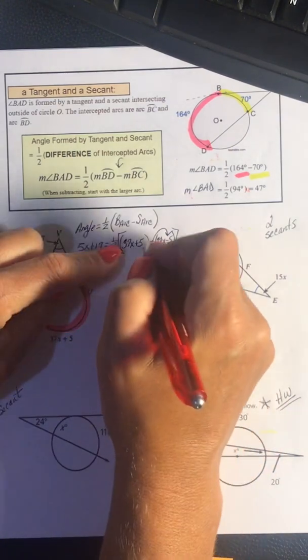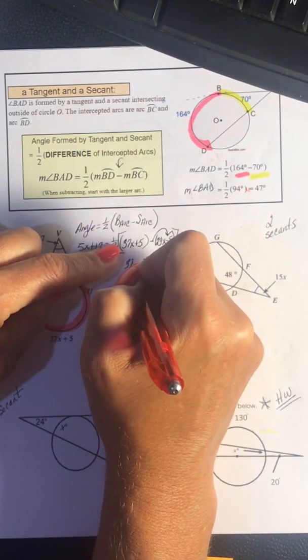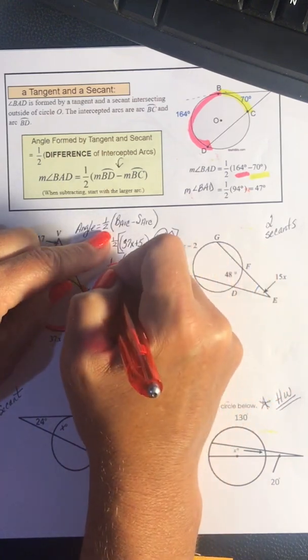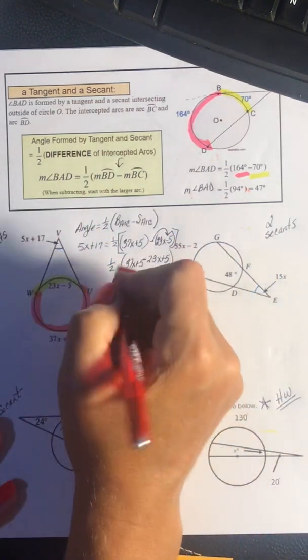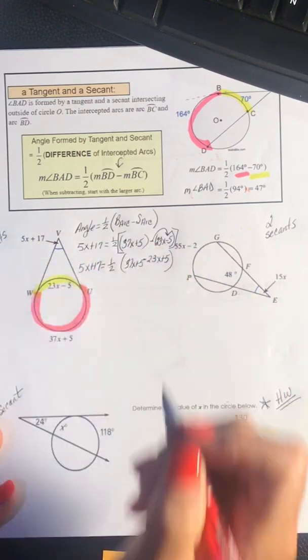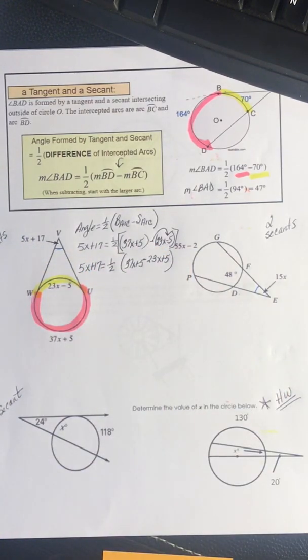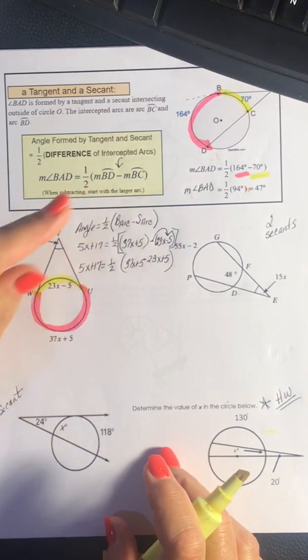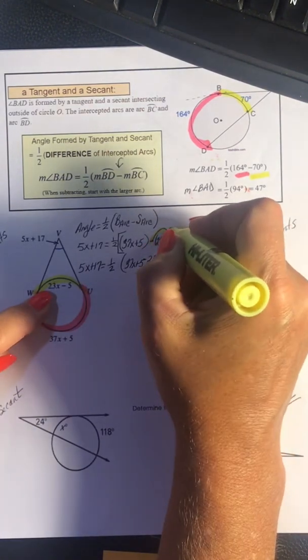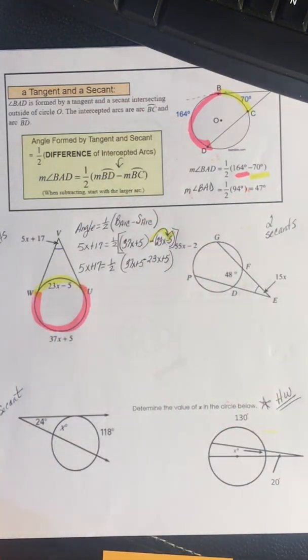And this is 37x plus 5. Remember, we're taking a half of it, and that's going to equal 5x plus 17. All right, so what I want you to remember is that when you're subtracting, especially subtracting this binomial, you're going to have to distribute to both terms. All right?